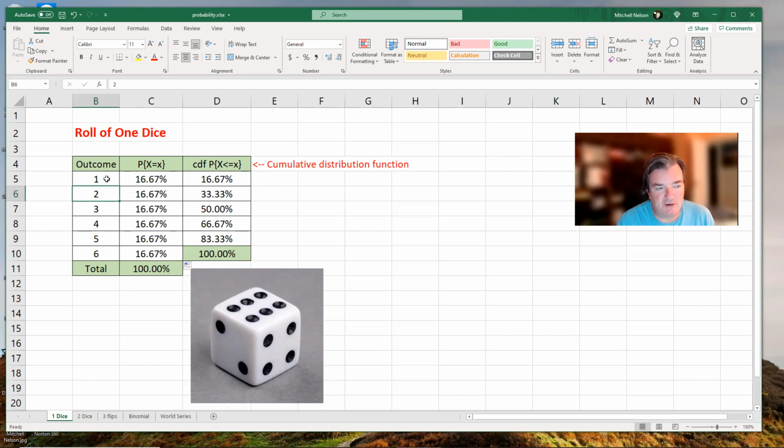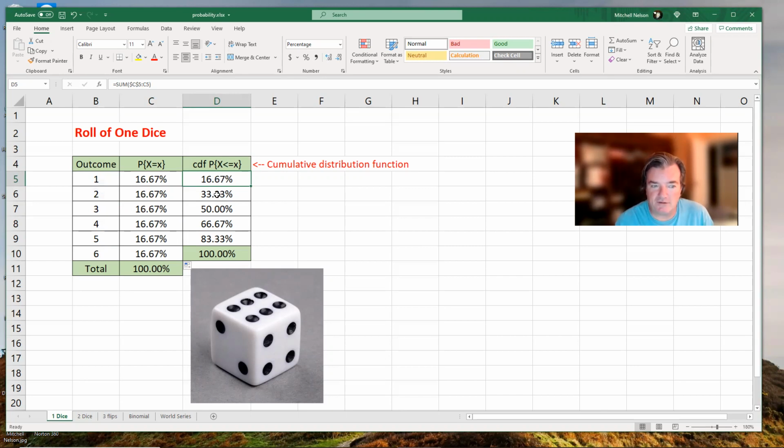So if we wanted to know what is the probability that the outcome is exactly 1, it's 1/6. What's the probability that it's exactly 2? That's also 1/6. What is the probability that it's exactly 3? That's 1/6. But if you wanted to know what is the probability that it's 1 or less, that would be 1/6.